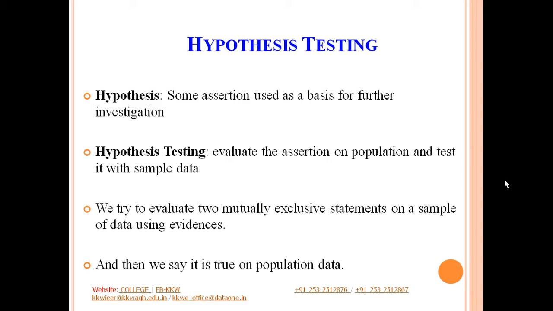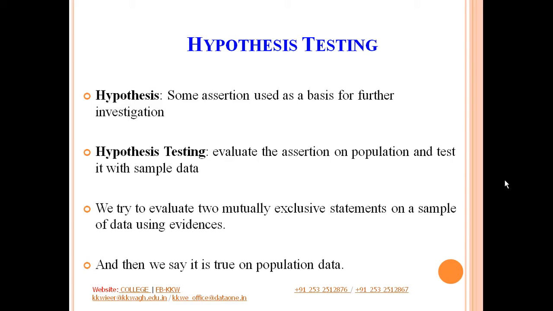So population is the entire population, that is the complete set of people, and sampling is we consider a few samples from that population and perform our test. What we actually do in hypothesis testing is we try to evaluate two mutually exclusive statements on sample data using some evidences.